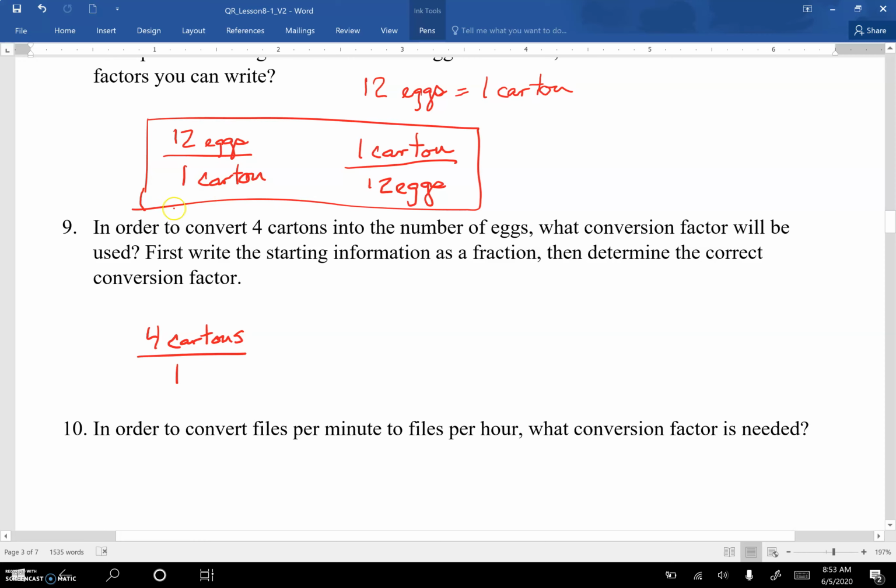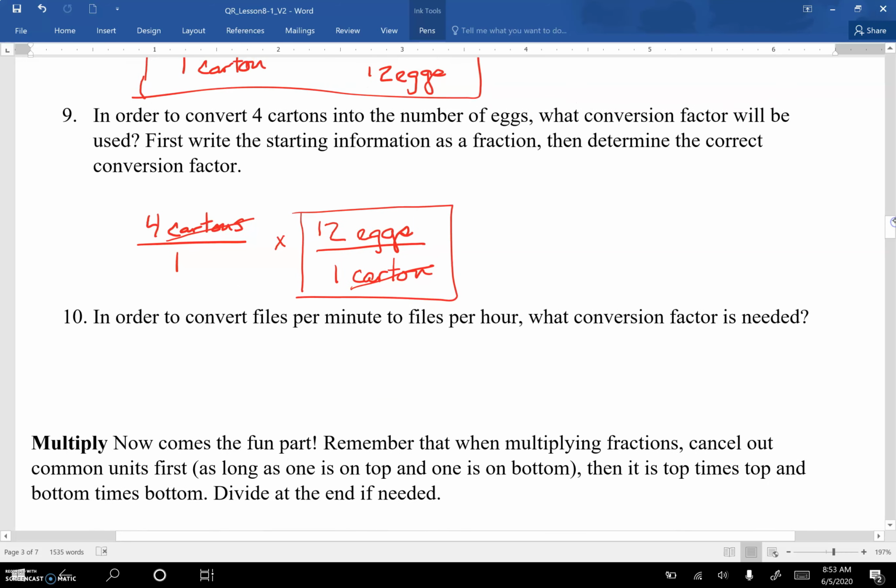And so of my two conversion factors, I have cartons on top. Now I need cartons on bottom in order to cancel it out. And that would mean I would use this. So now when I multiply by 12 eggs over 1 carton, now notice that the carton on top will cancel out with the carton on bottom. So that is the conversion factor that I am going to need.